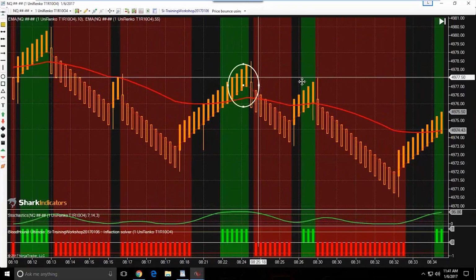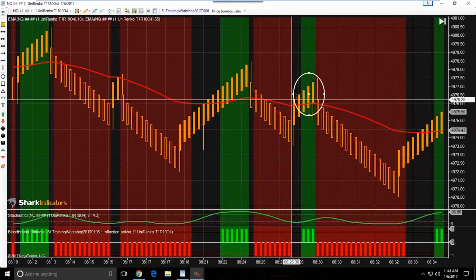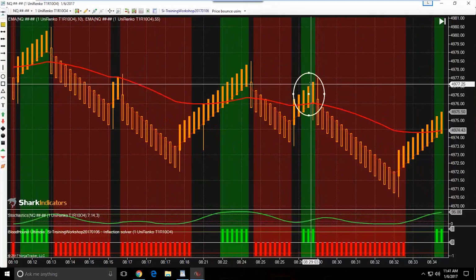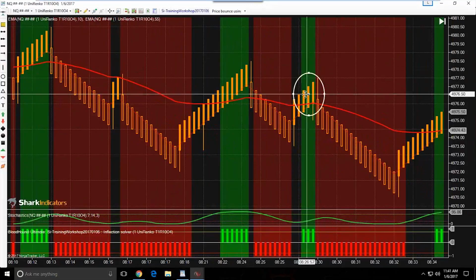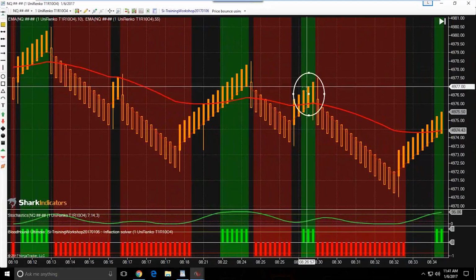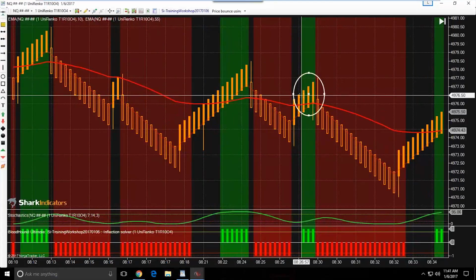Okay, like right here. Price has only been above our EMA for only a couple of bars here. Would we really want to look for a long bounce if price has only been above for a few bars?